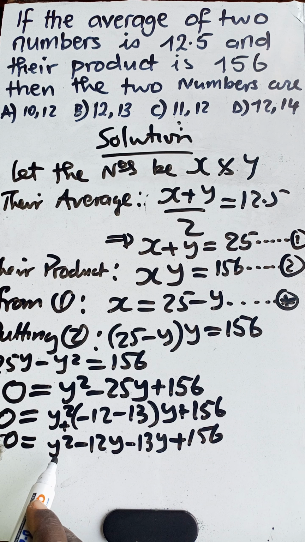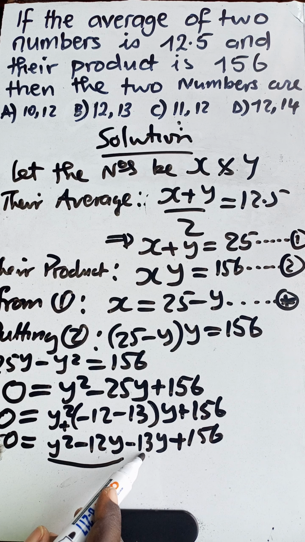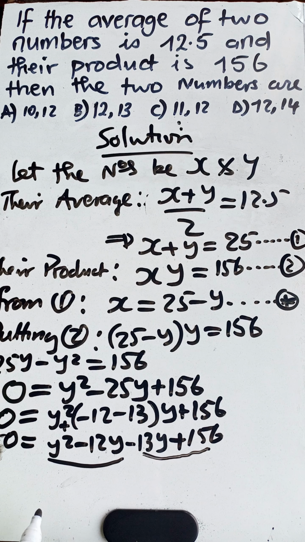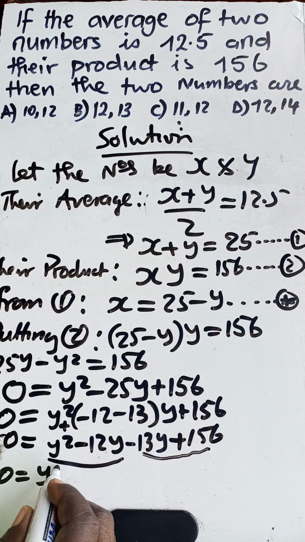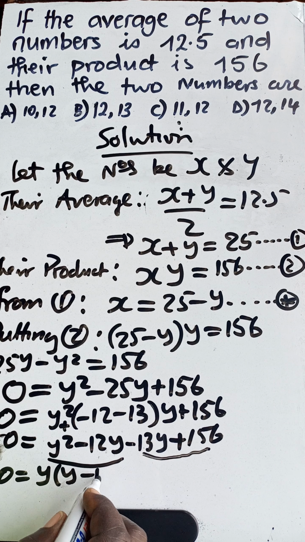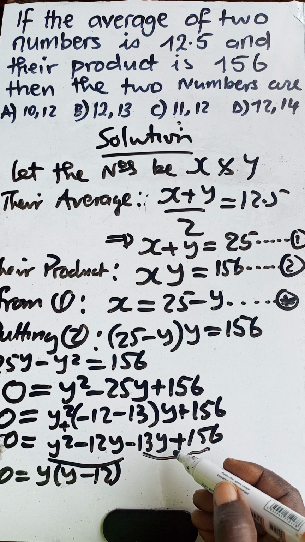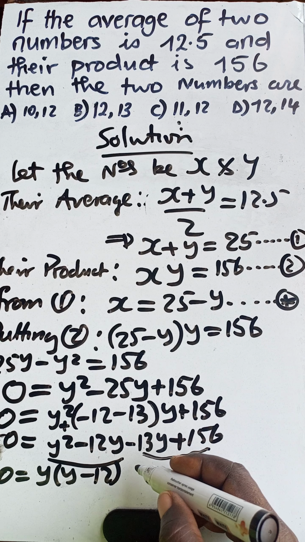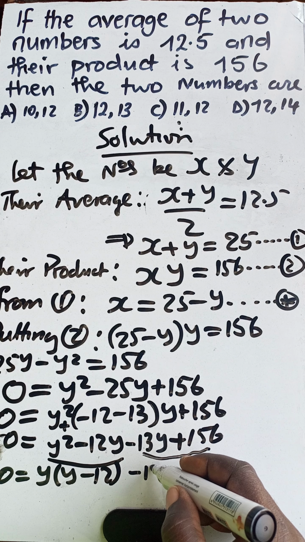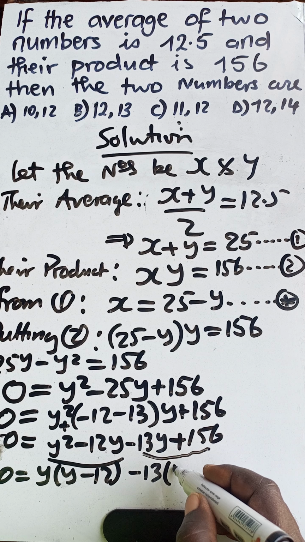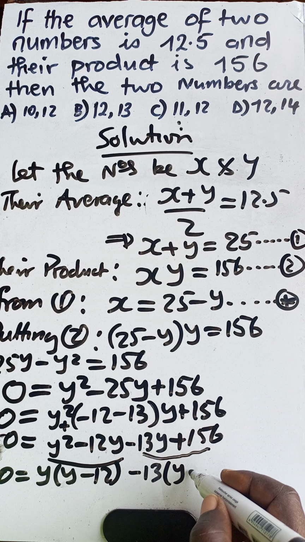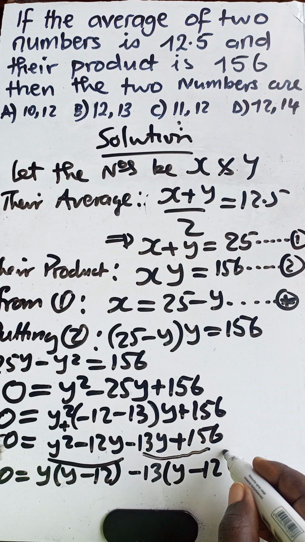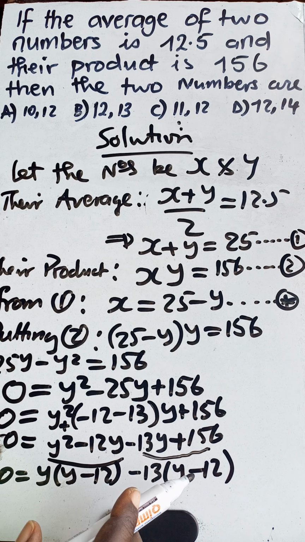Now let's factorize the first pair and the second pair. In the first pair of terms, y is common. If we bring out y, we have y minus 12. In the second pair, if we bring out negative 13, we have y minus 12, because negative 13 multiplied to negative 12 gives us positive 156.